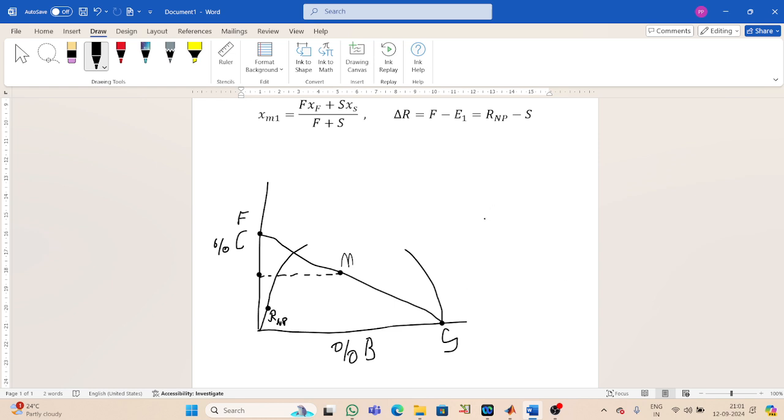Now we will also have an equilibrium curve where we will draw percentage C in raffinate and percentage C in extract.